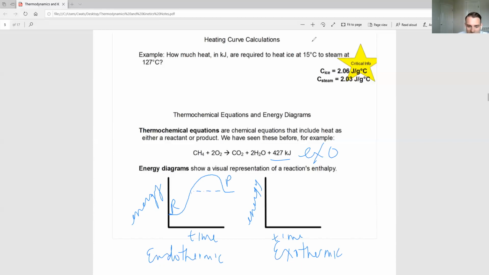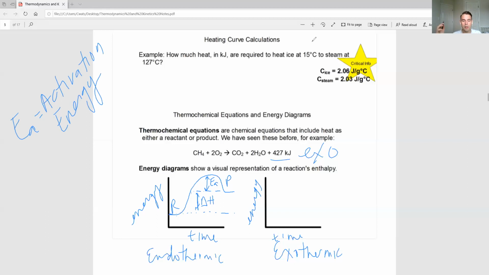But from where the reactants are, this little hump here, that is E sub A. E sub A is the activation energy, which is the energy required for a reaction to occur. We will talk more about that later. Then from where the reaction begins, so the R for reactants, up until this line, that's my enthalpy. And you can see from my R to my P, from my reactants to my products, it's going up. So my delta H is positive, and that's why it's endothermic.